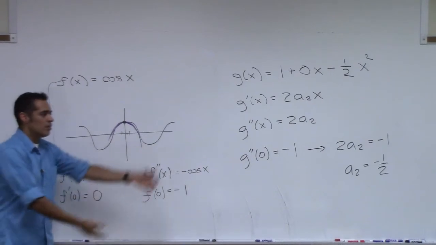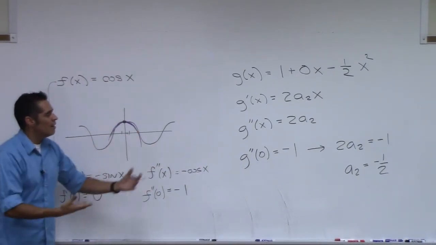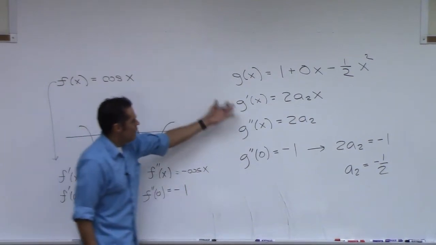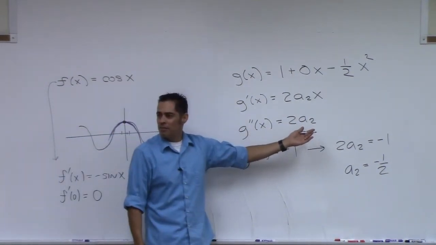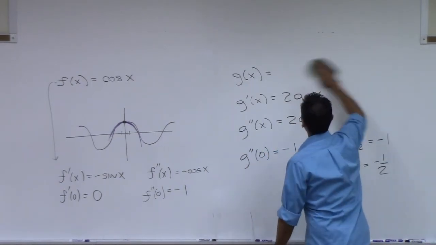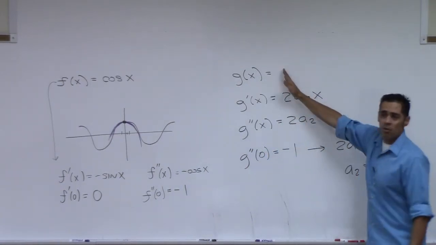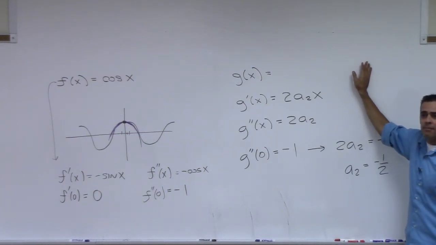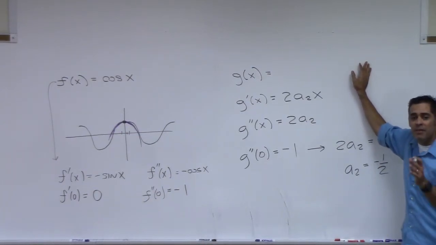Why not go make the third derivatives match? Well, what's the problem with that? You're running out of variables. If I take another derivative, I got 0, right? So when I started this, didn't I say, why don't I try and come up with a quadratic? Why not make it cubic? Why not make it 4th degree? Why not make it 5th degree? Why don't I make it infinite degree?